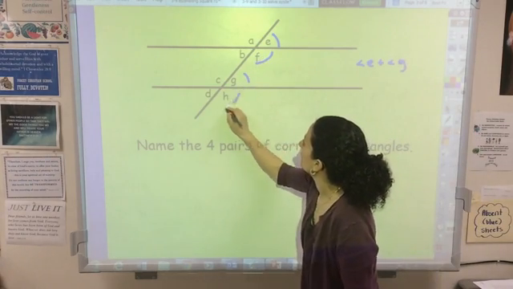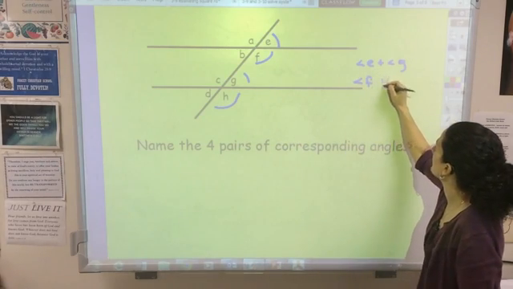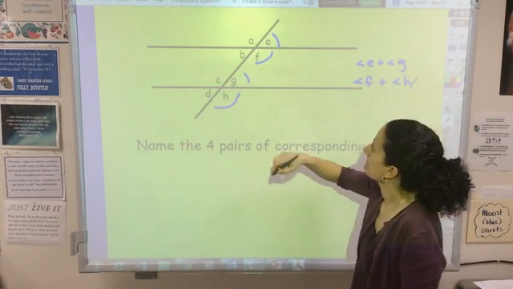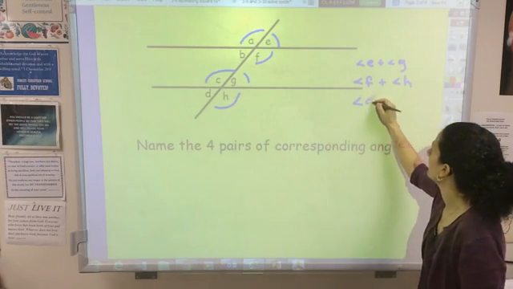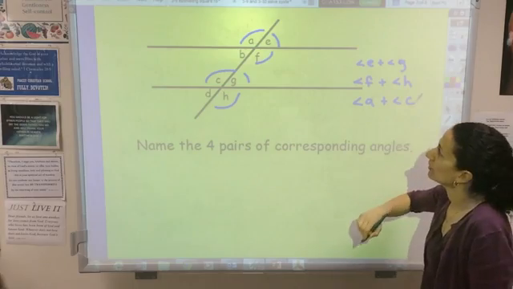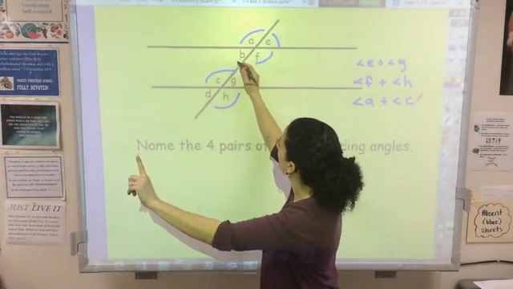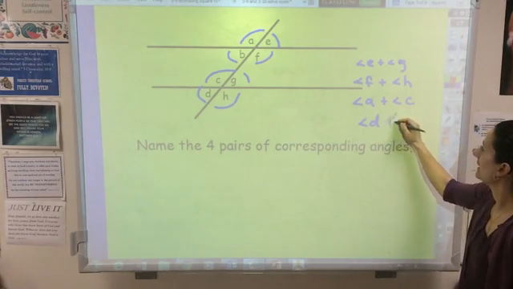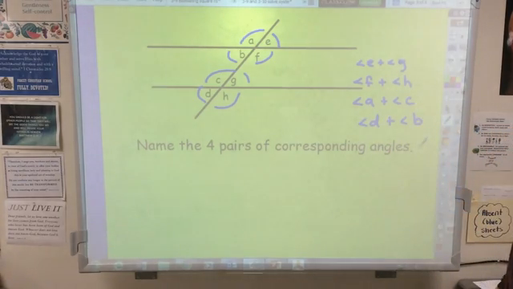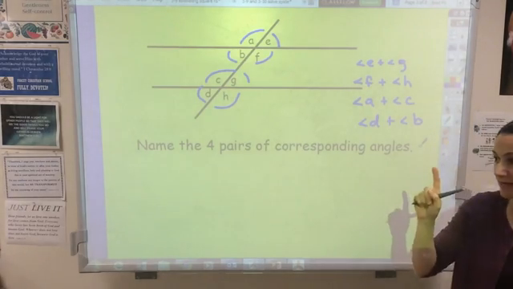Angle F and angle H are corresponding. I'm going to write them down. Angle A and angle C are corresponding. And the last pair are angle D and angle B. Angle D and angle B are also matching and corresponding.